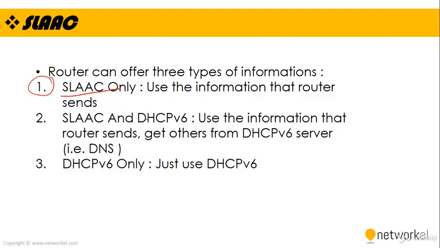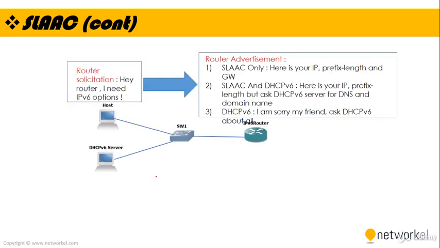In this option, the router offers to use only the information that the router sends. In the second option, which is SLAAC and DHCP version 6, the router offers to use the information that the router sends and offers to receive the rest of the options from the DHCP version 6 server, for example, DNS or something like that. In the third option, the router offers to use just the DHCP version 6 server. Okay, this is how SLAAC works actually.